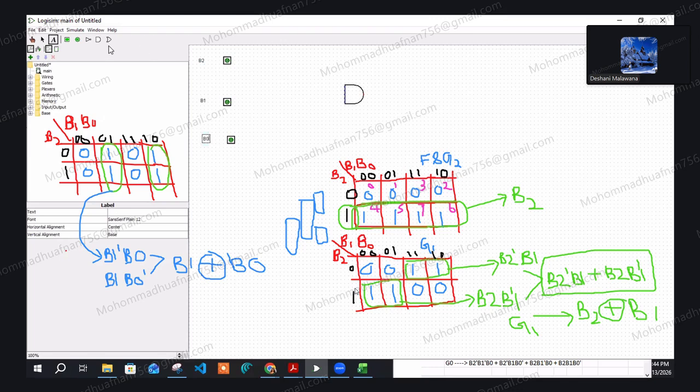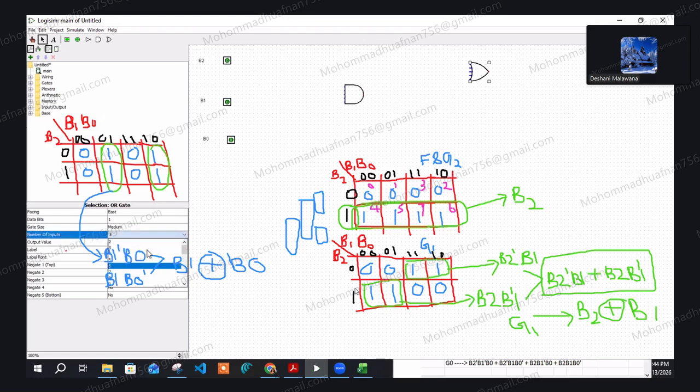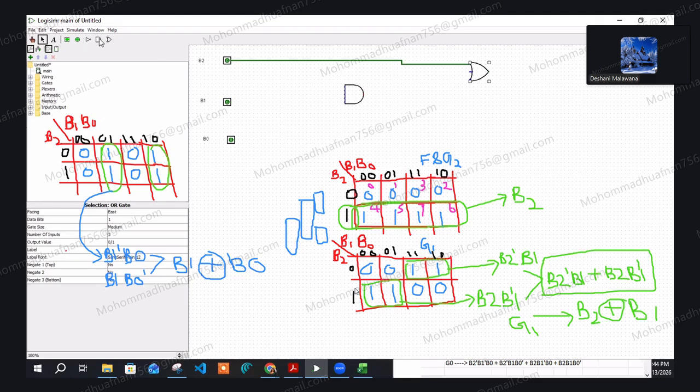Then after, we need an OR gate for here with 3 inputs. So we can directly take that into this place. Then after output is going to be this one.